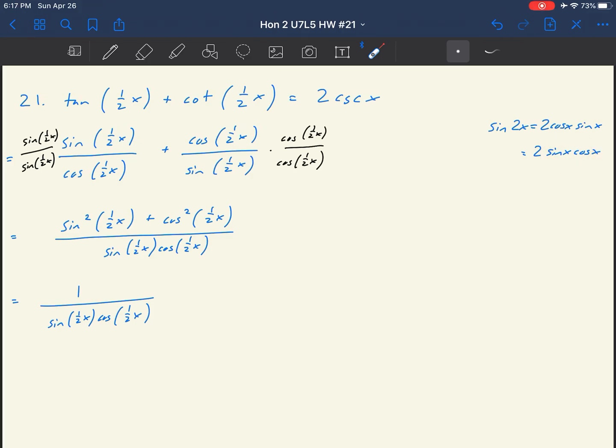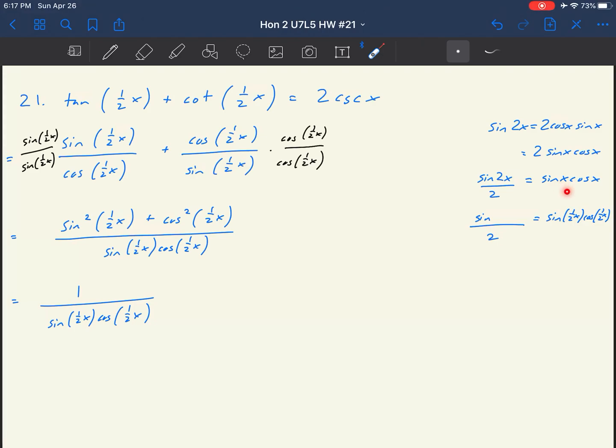If we isolate for this, we have to clear the 2. So we could say sine 2x over 2 is equal to sine x cosine x. And therefore, the sine of something over 2 is equal to sine half x cosine half x.